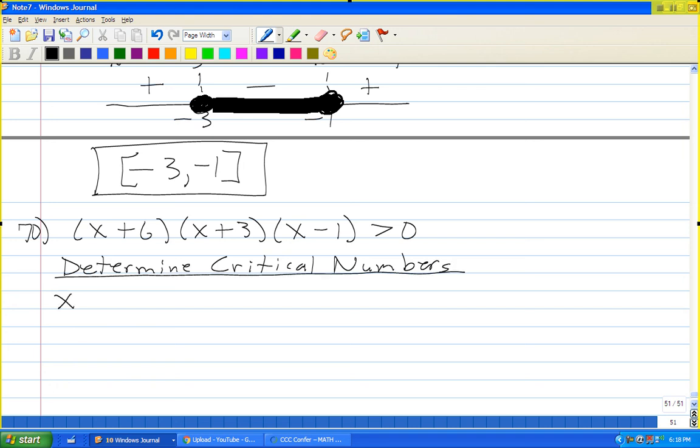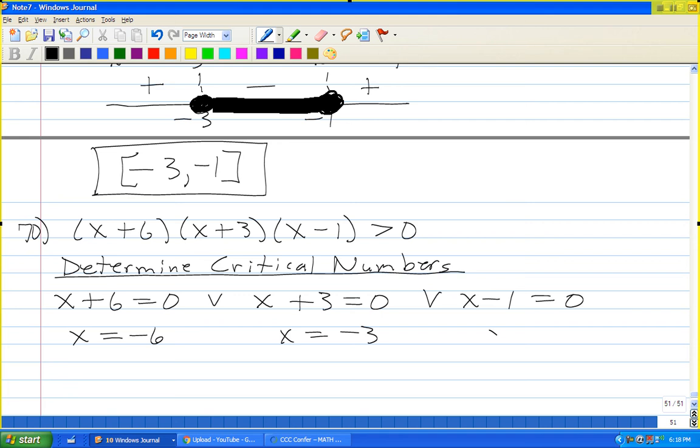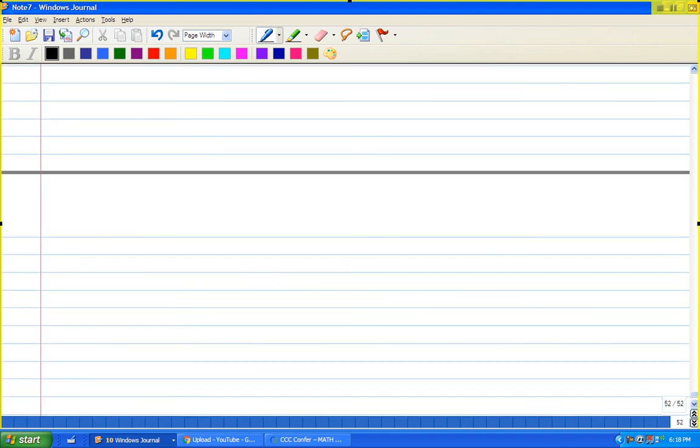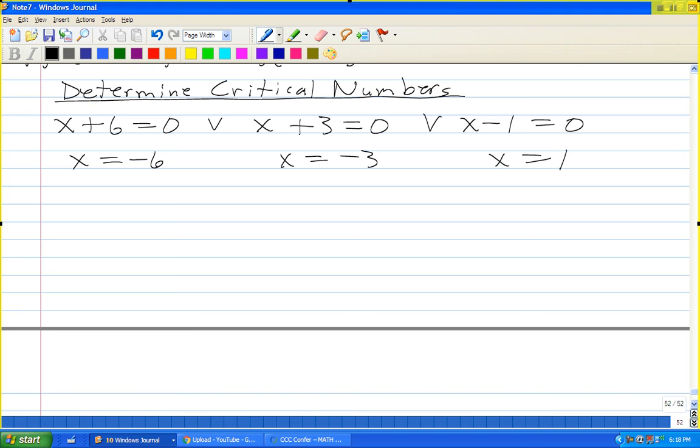Set each factor equal to 0 and solve for x. And so subtract 6, x is negative 6. Subtract 3, x is negative 3. Add 1, x is positive 1. Let me place those critical numbers on the number line: negative 6, negative 3, positive 1.